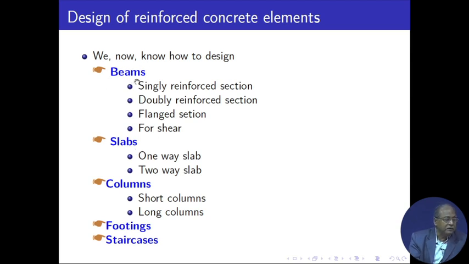We have done beams: singly reinforced section, doubly reinforced section, plain section, shear. Then for slabs, one-way slab, two-way slab, columns, short columns, long columns, then footings, staircases, and we shall have torsion and deflection check also.